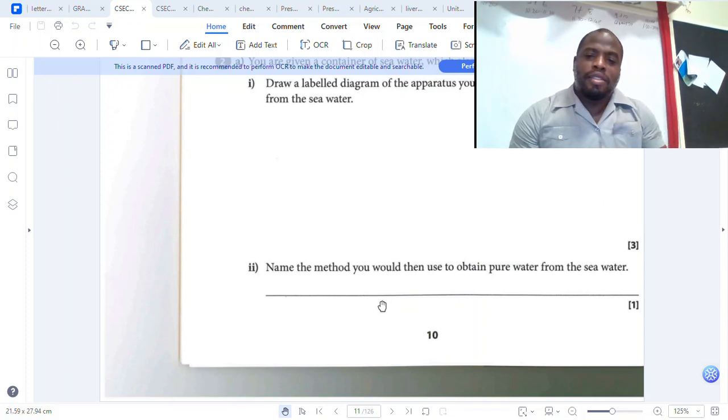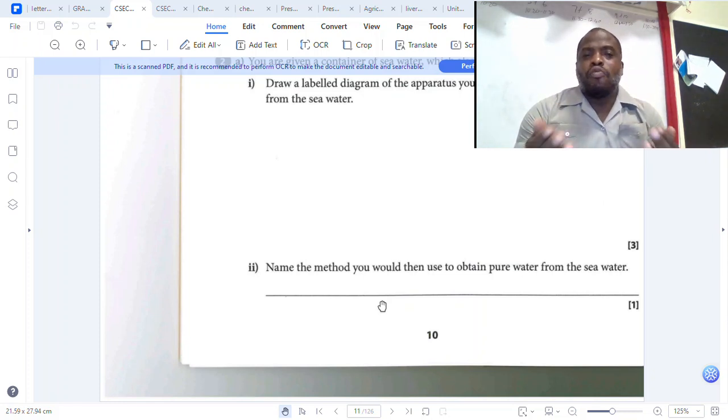The next question says, name the method you would then use to obtain pure water from the seawater. Now the seawater will contain salt, and one of the things you want to think about is the solute in the solvent.